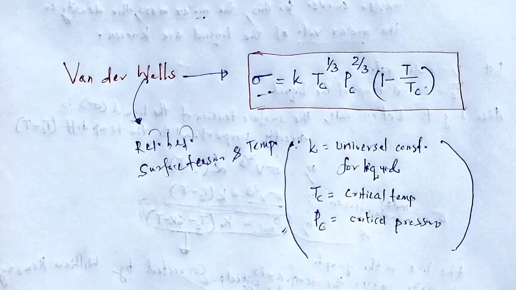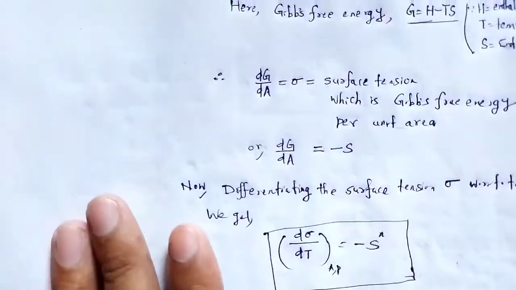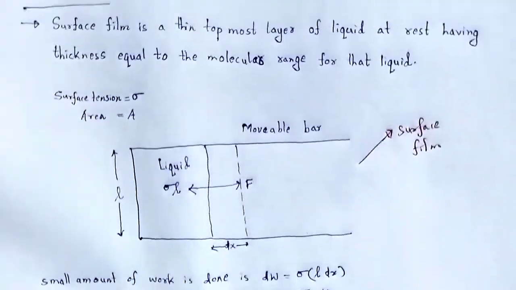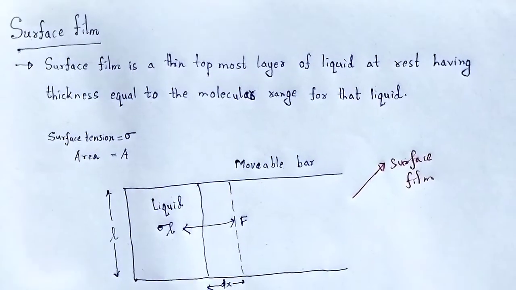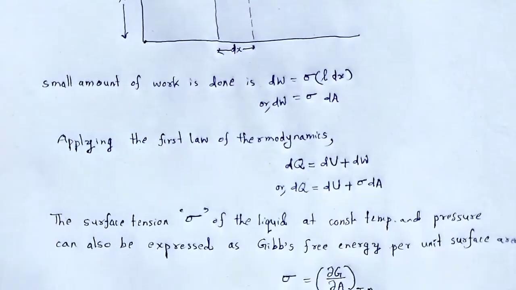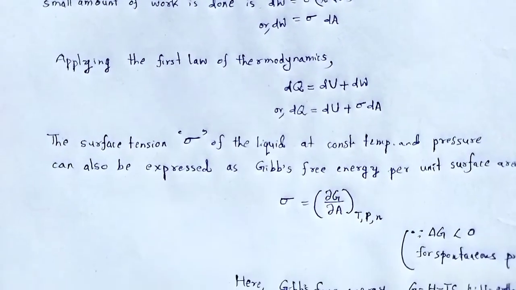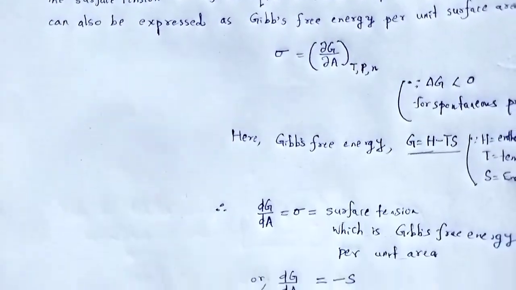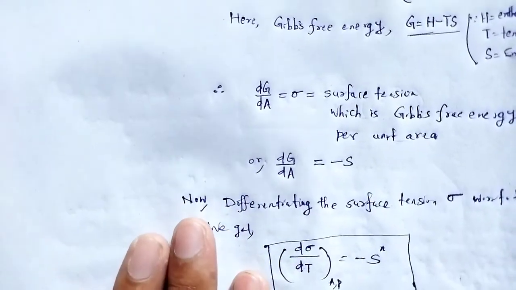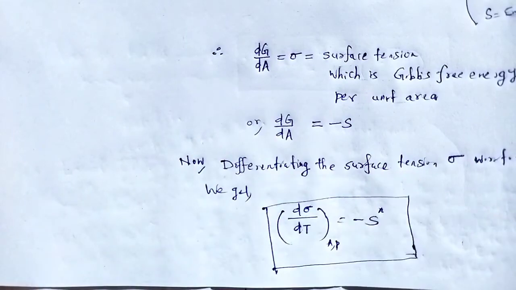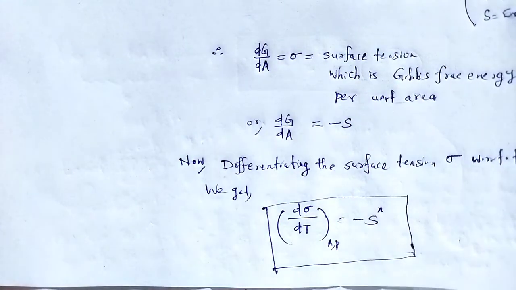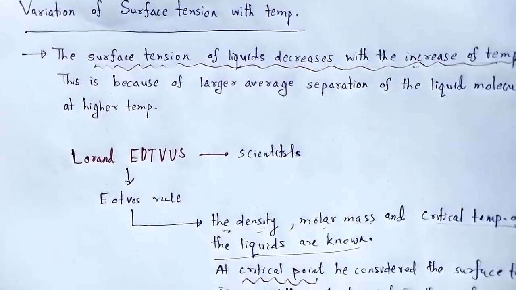So, with the help of this video lecture, we understood what surface field is, how thermodynamic variables like Gibbs free energy and surface tension are related to surface field, and the variation of surface tension with temperature.